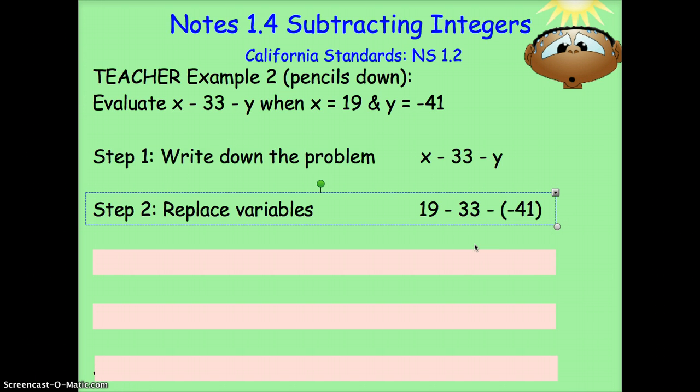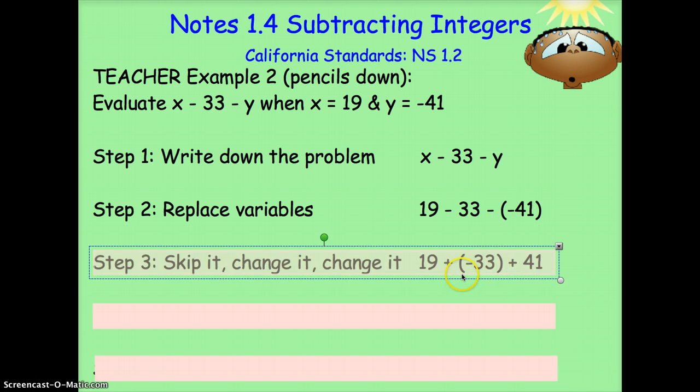This is a little trickier, so I want you to watch out. You skip the 19, change the subtraction into addition, change the positive into a negative. Then, staying on the 33, we skip it, change the subtraction into addition, and change the negative into a positive. And this is, again, a big place for mistakes.